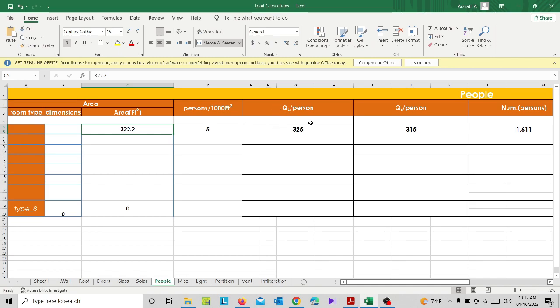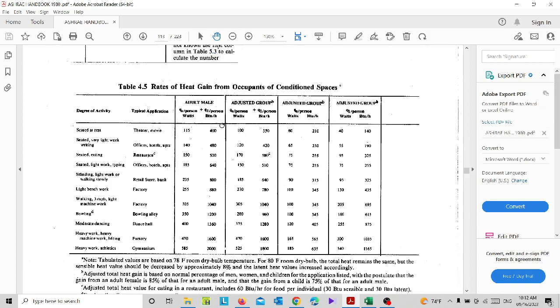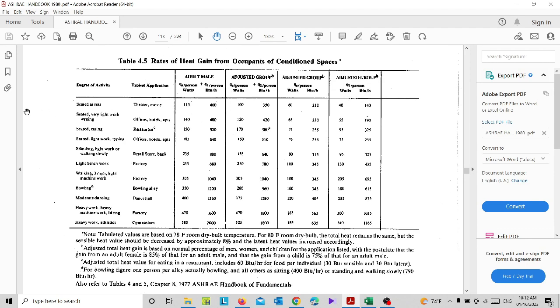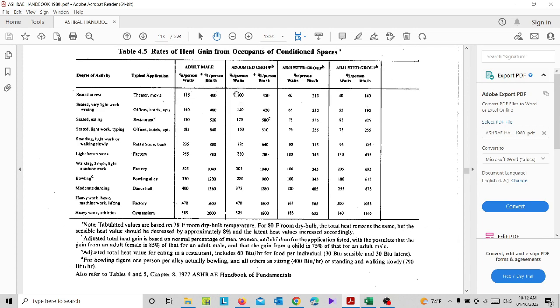And then QL by person, which you can find from these tables. This is table 4.5, rates of heat gain from occupants of conditioned space. Here you can easily see that the activity is seated at rest. Nobody is doing any hard work here, so you can simply choose this.